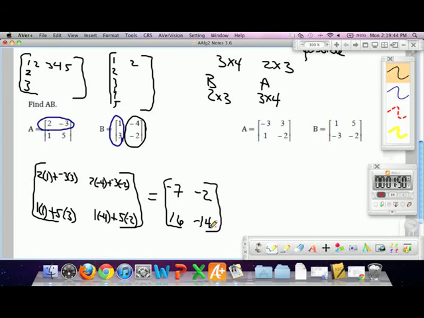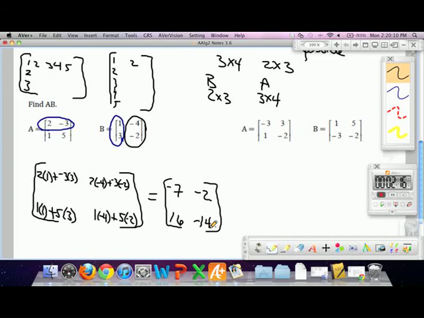Those are what we're multiplying together. Then we'll add the two numbers for the result. Think about it as taking this column and multiplying it to each one, going down and going across. And we'll get ourselves a new matrix. Then simplify. Okay. Let's try it again.